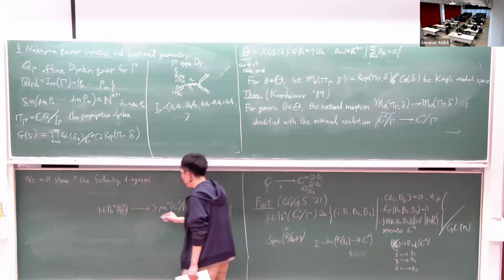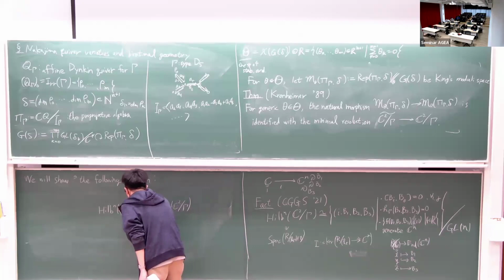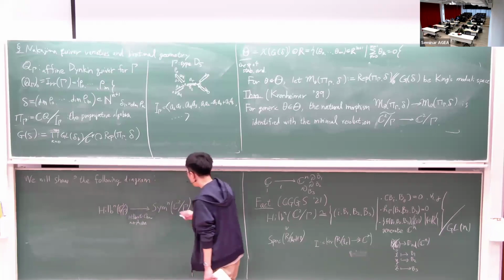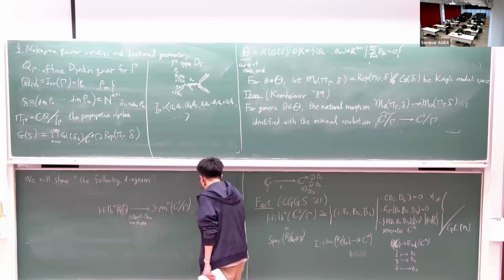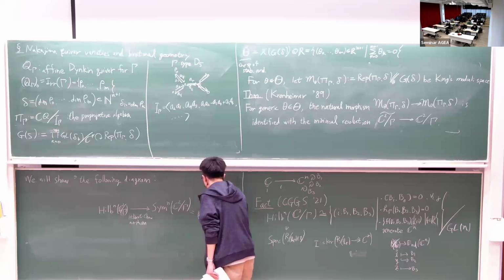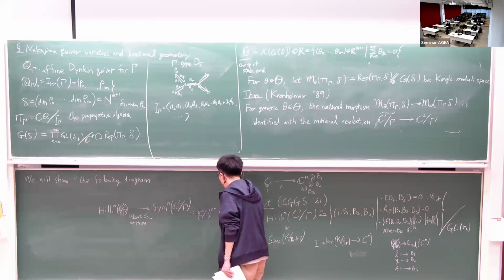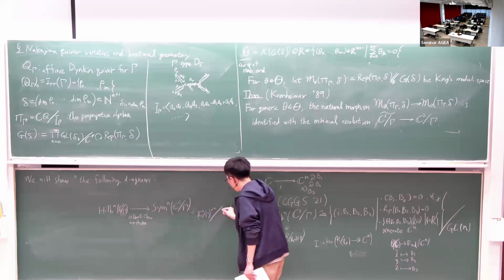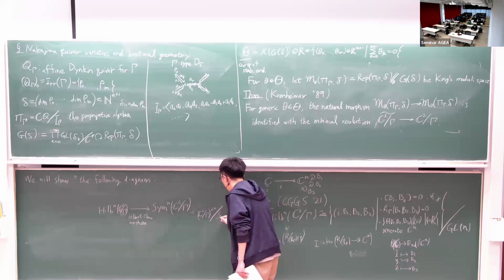So this is the Hilbert-Chow morphism, and this is the symmetric power. By definition, this is the product of n copies of this quotient variety modulo the action of the permutation of the symmetric group.